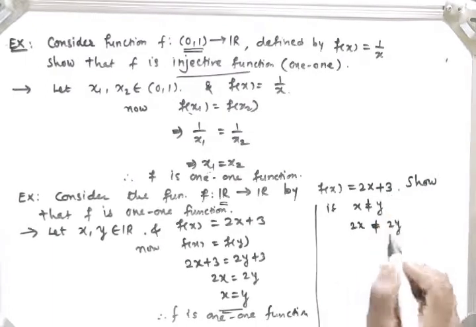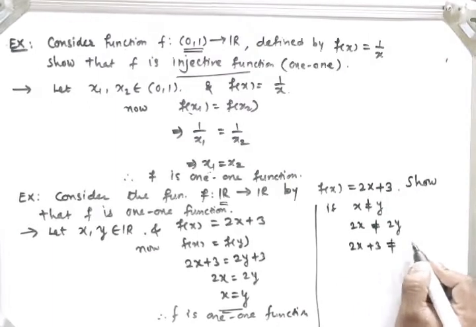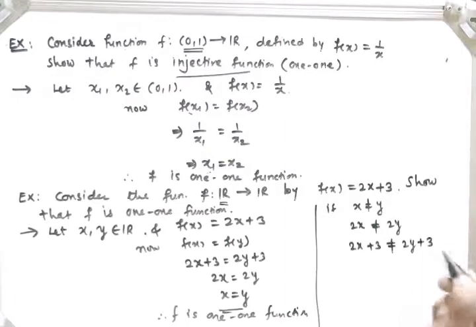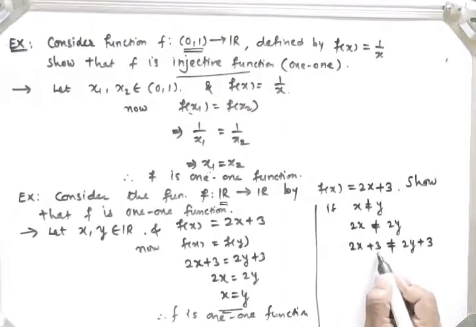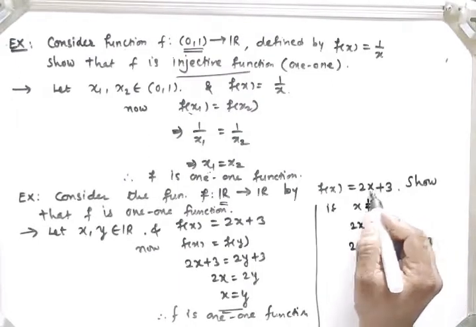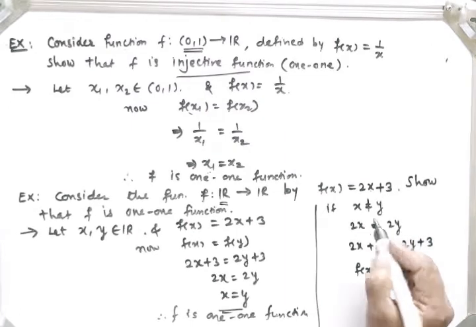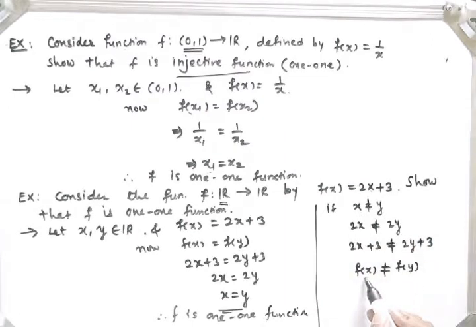Now I will add 3 to both sides, so 2x plus 3 is not equal to 2y plus 3. Here 2x plus 3 is f of x, and 2y plus 3, I replace x by y, gives f of y. So x not equal to y, and I get f of x not equal to f of y. Therefore f is 1-1 function.